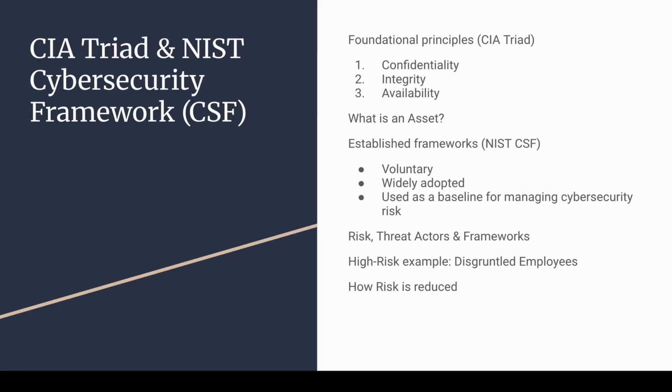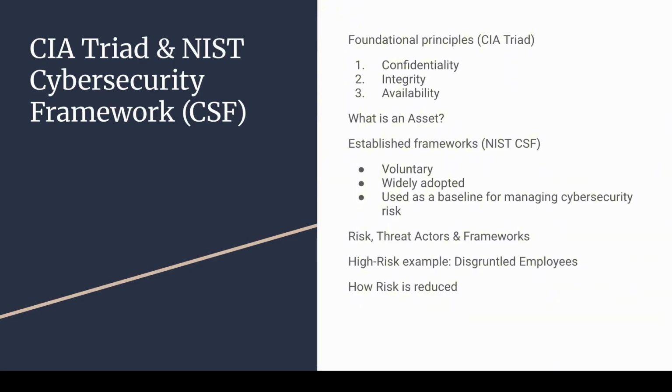The CIA triad, the foundational model, is the core model used to evaluate security risk and policy decisions. Again, it's confidentiality, integrity, availability, which I already mentioned before. Just to make sure: confidentiality is enforced through access control, permissions, and authentication.